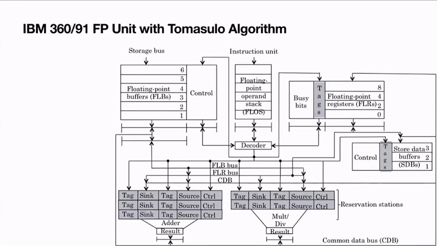But if you see here, in 1966 he came up with this idea, and this is actually the heart of our current superscalar processors, where we have the reservation stations, we forward the data, and the instructions are stored in the reservation station with the tag. It takes care of the structural hazard, it takes care of true dependencies and everything.